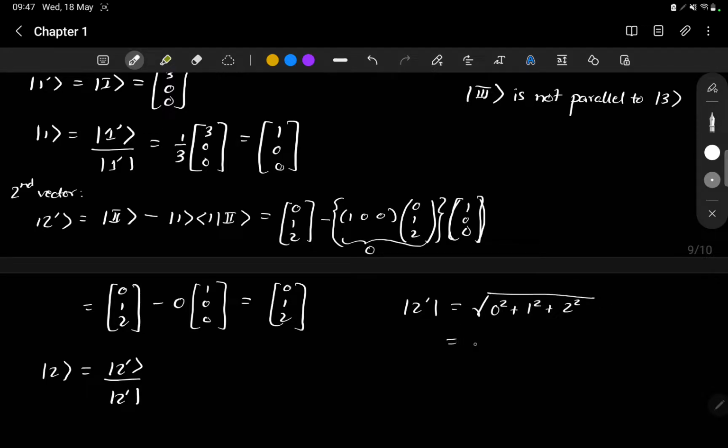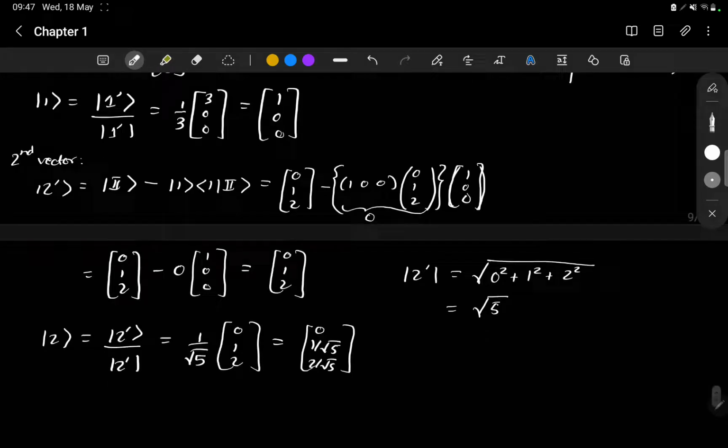This is square root 5. So we obtain the second vector.